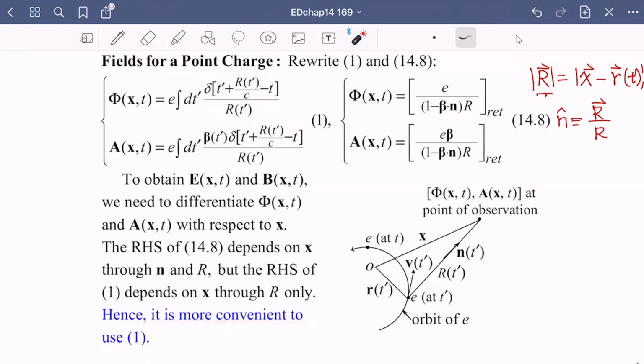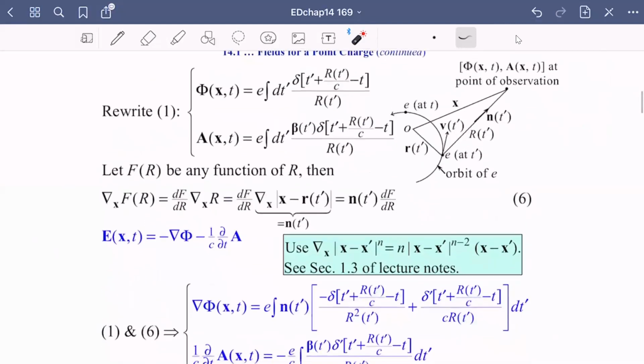We might expect equation 14.8 is very convenient, but actually it's not. It's easy to understand, yes, we agree, but very difficult to operate. The integration form is more convenient. This is the integration form. It's more convenient to use equation 1 rather than equation 2.